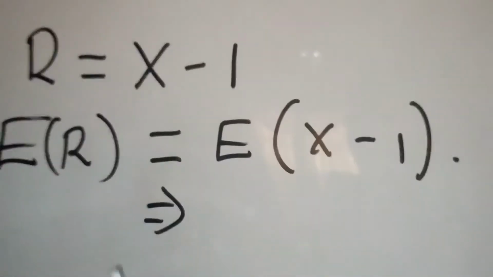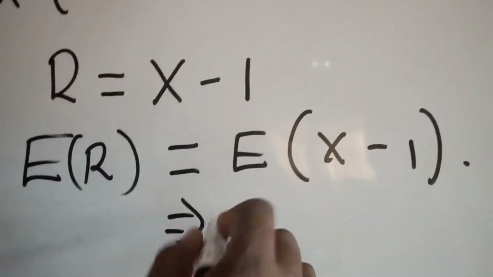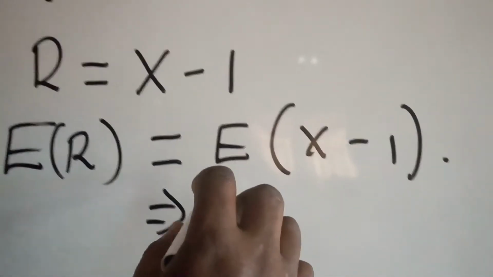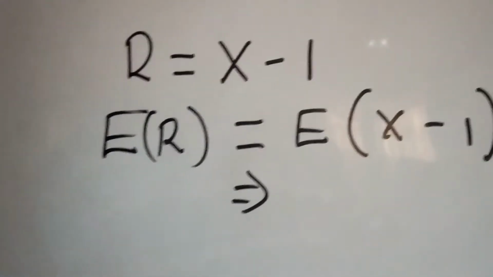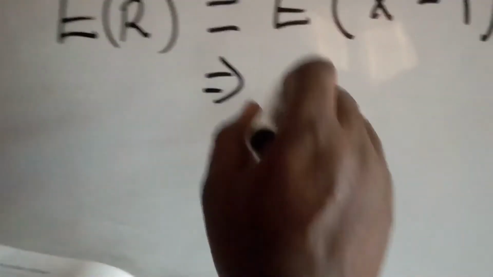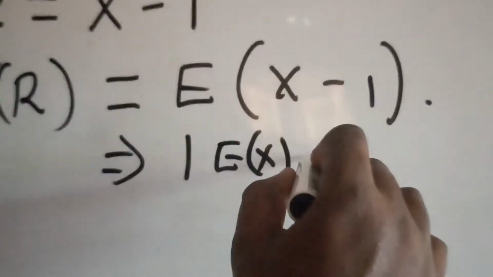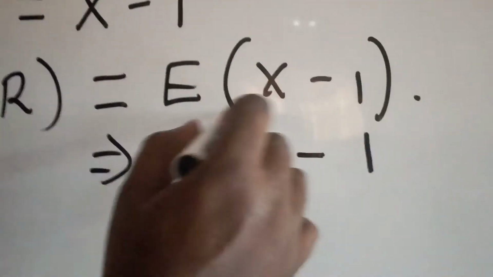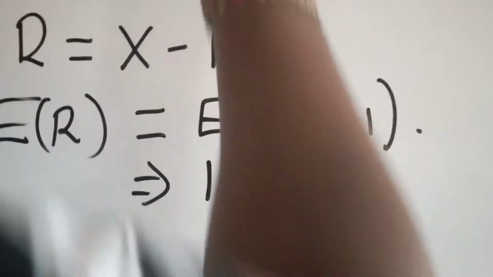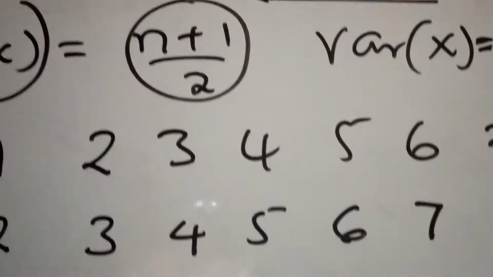From many practices we have seen, this is 1 times the mean of X, minus 1.